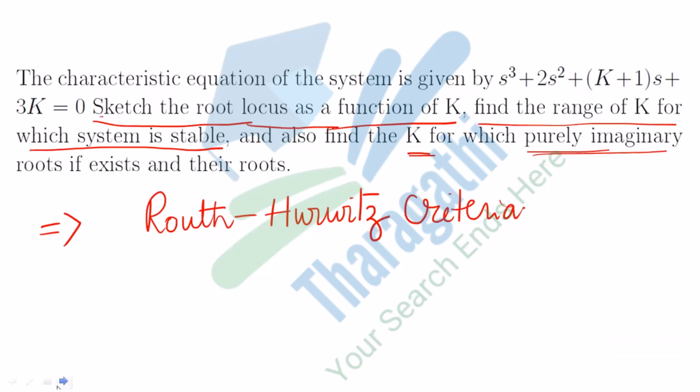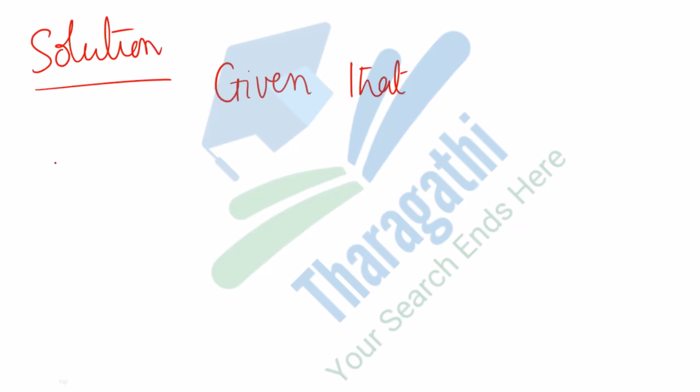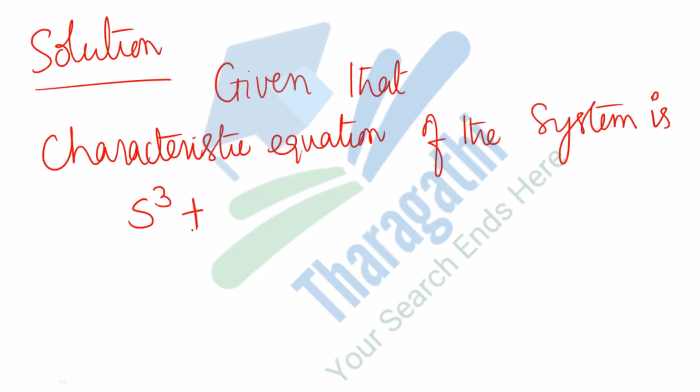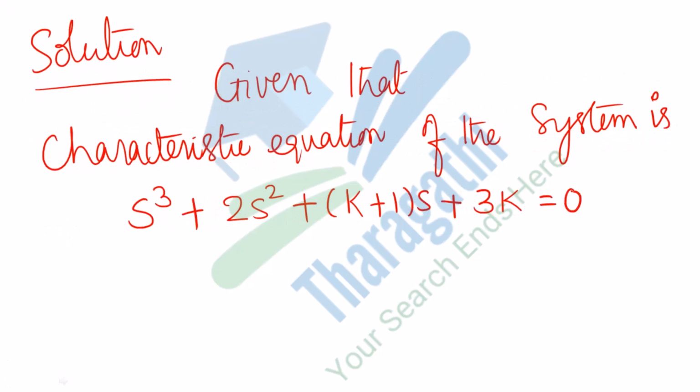Please note down the characteristic equation. Solution: given that the characteristic equation of the system is s cube plus 2s square plus (k plus 1) into s plus 3k is equal to 0.